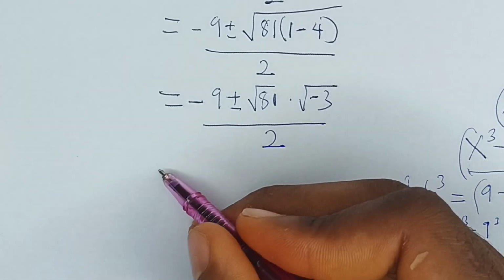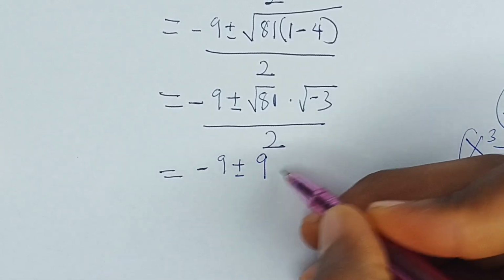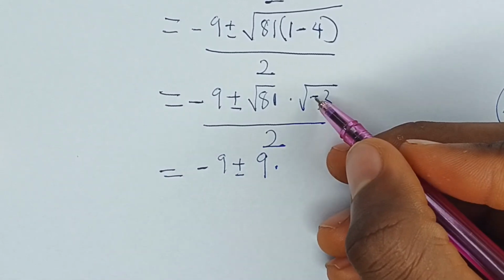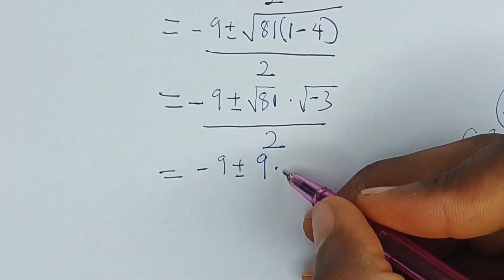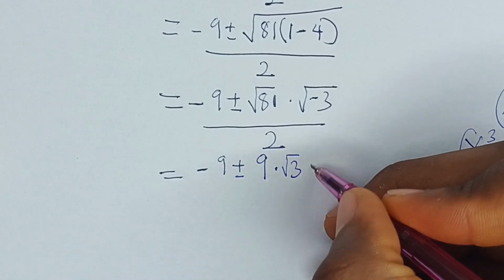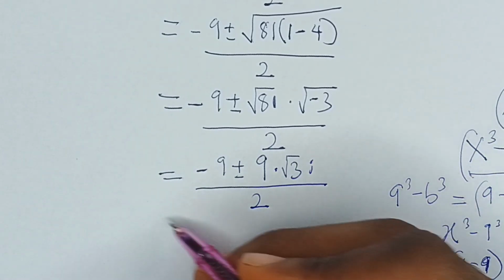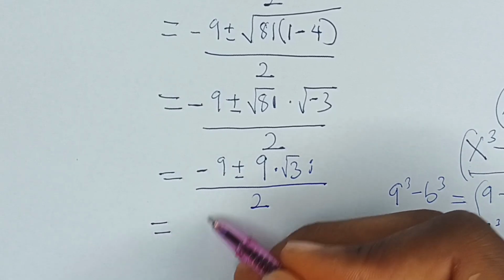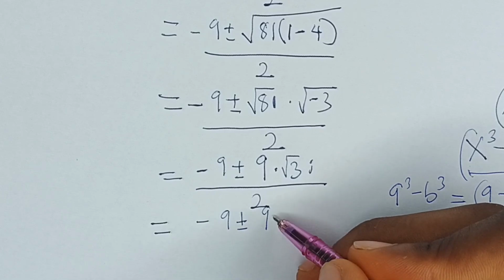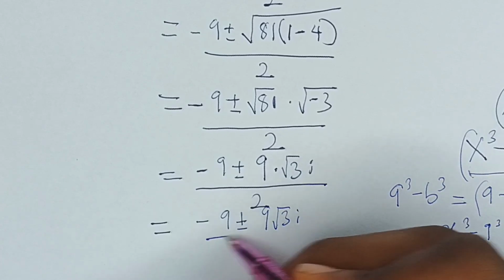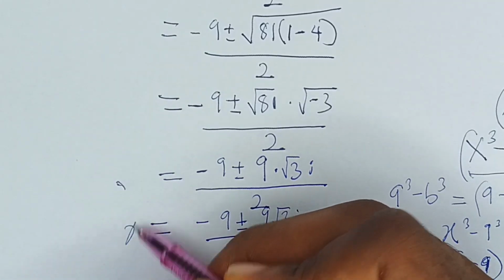Then this becomes minus 9 plus or minus the square root of 81, which is 9, times the root of negative 3, which is i times root 3, all over 2. So this becomes minus 9 plus or minus 9 root 3i all over 2. These are the second set of answers for x for this question.